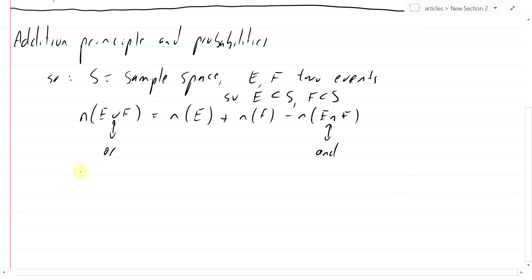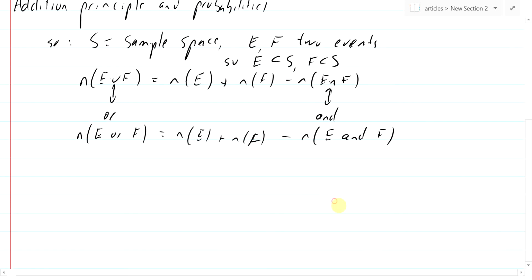So if we're thinking about this in terms of letters and events, the number of ways that either E or F can happen is the number of ways that E can happen plus the number of ways F can happen, that's an F, minus the number of ways that E and F can happen.